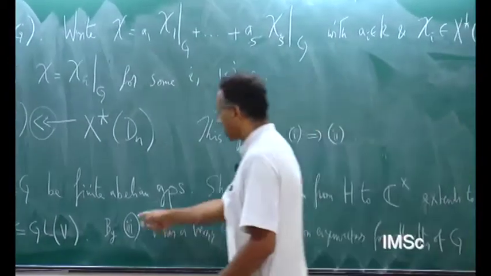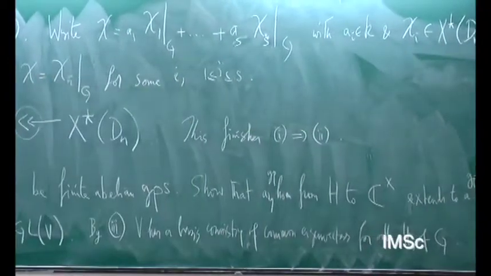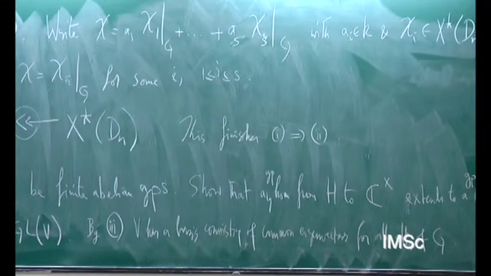Because you can write this as a direct sum of one-dimensional representations. In each one-dimensional representation take an element of that one-dimensional space. That is a common eigenvector for every element of G, because when you multiply by G, it is some scalar times that element.